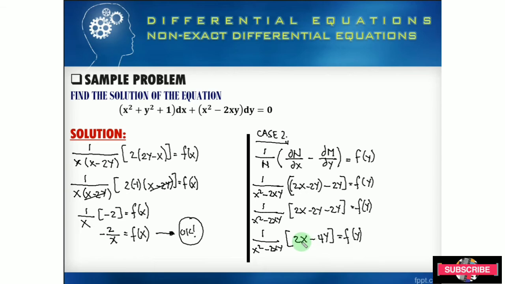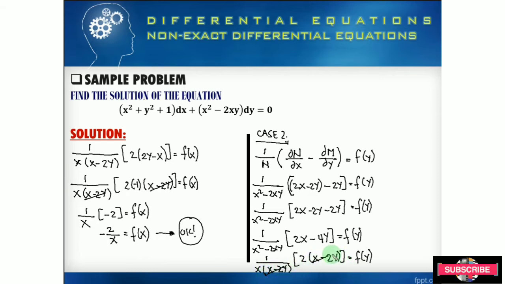So we are going to extract the 2 here, and then we are going also to extract the x here, so we have here 1 over x, and then we have x minus 2y times this quantity, so we have here 2 and then x minus 2y, equal now to f as a function of y.